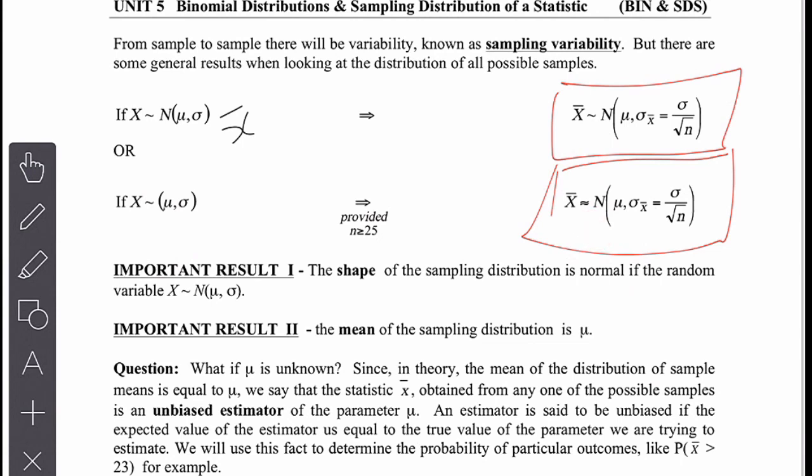So you need to check if it's normal, and then the n. Those are the things you're looking for. And then remember your result. If it's normal, then you just get the results here, right? You don't have to worry about anything special. If it's not normal, just look at the sample size to get the same results in approximation.